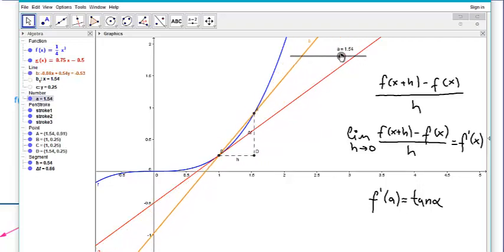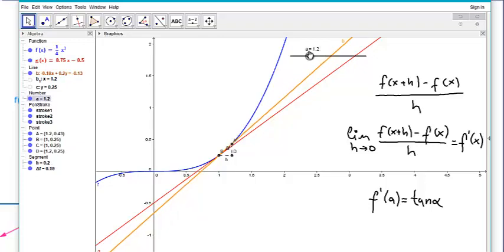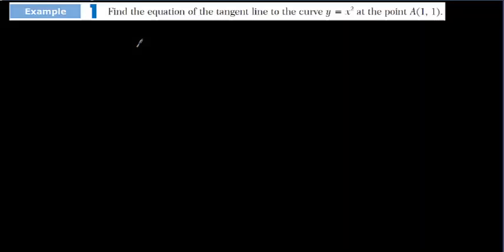As you see here, the distance h is getting closer to 0, and when h is equal to 0, the line becomes the tangent line.